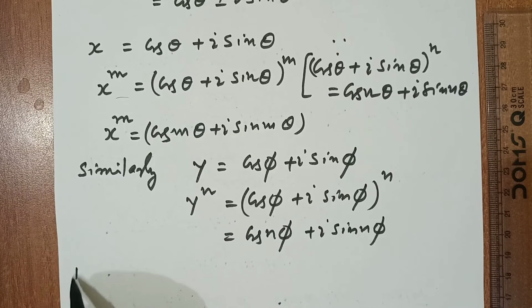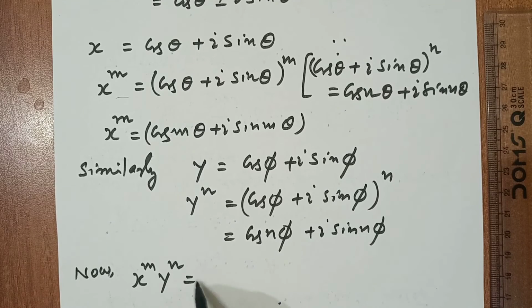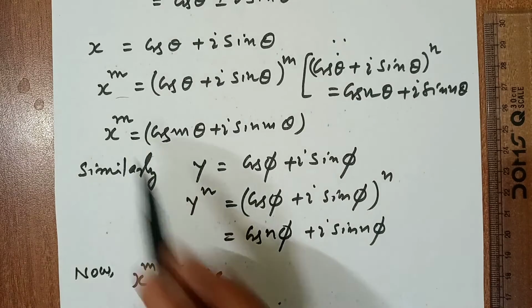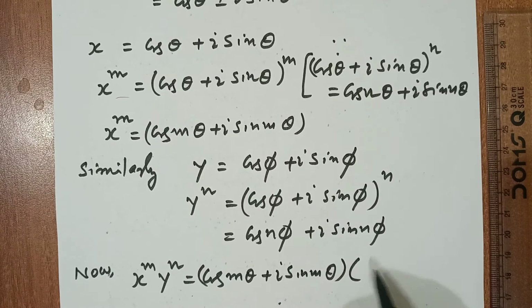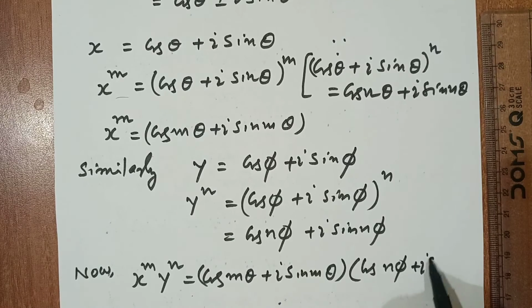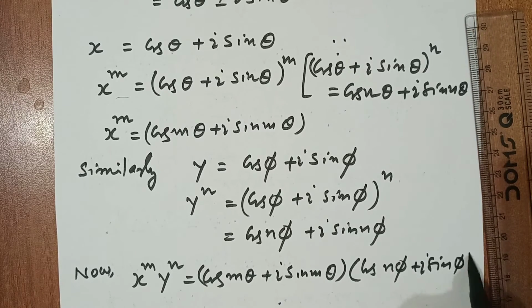So now, x to the power m, y to the power n is equal to (cos m theta plus I sin m theta) into (cos n phi plus I sin n phi).